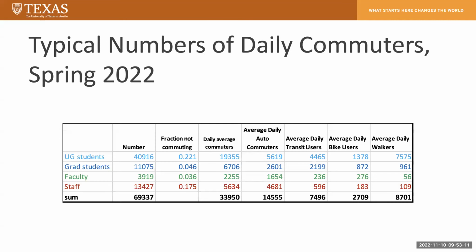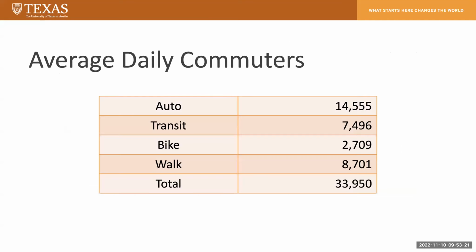These are typical numbers of daily commuters by the typical modes that are available, but in more detail here, average daily commuters by auto to the campus. Remember, we have a daytime population of about 70,000 people, and we have about 17,000 parking spaces on campus.